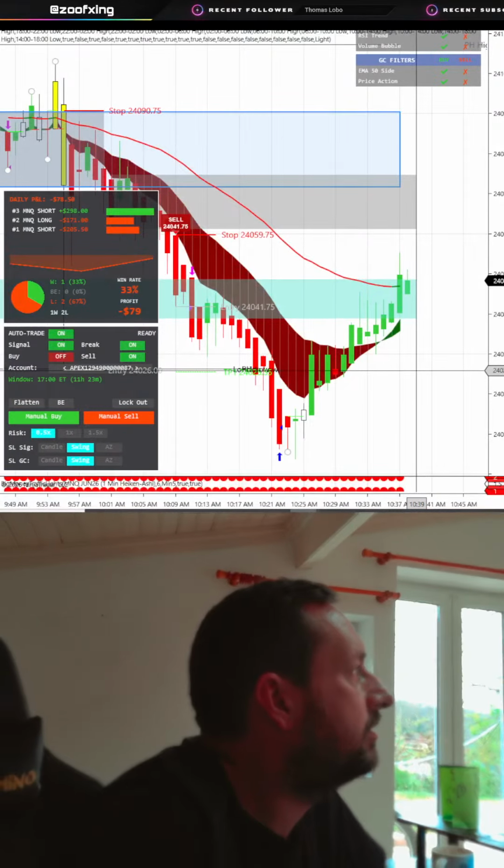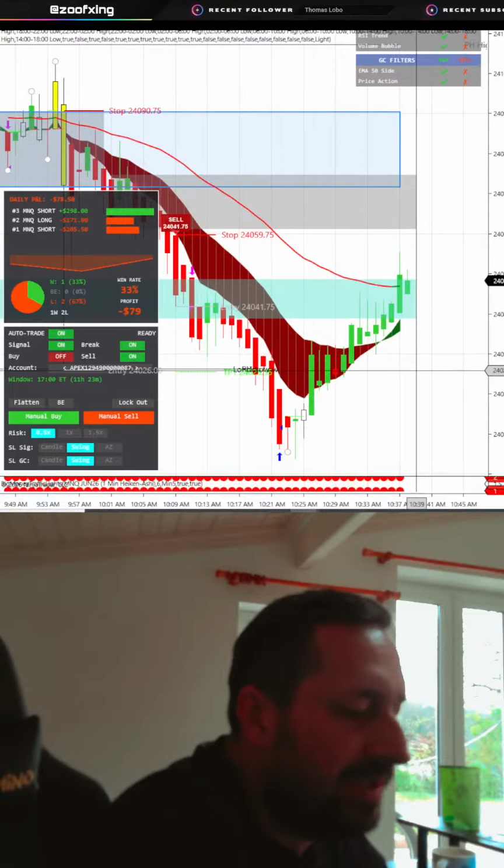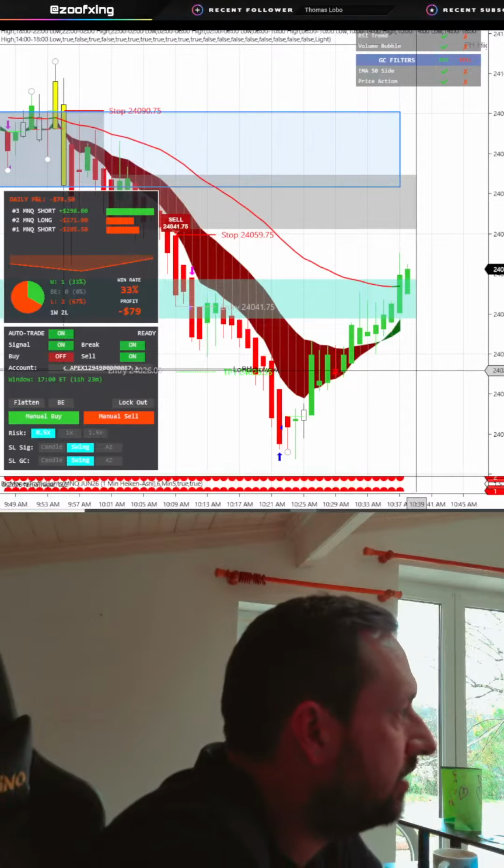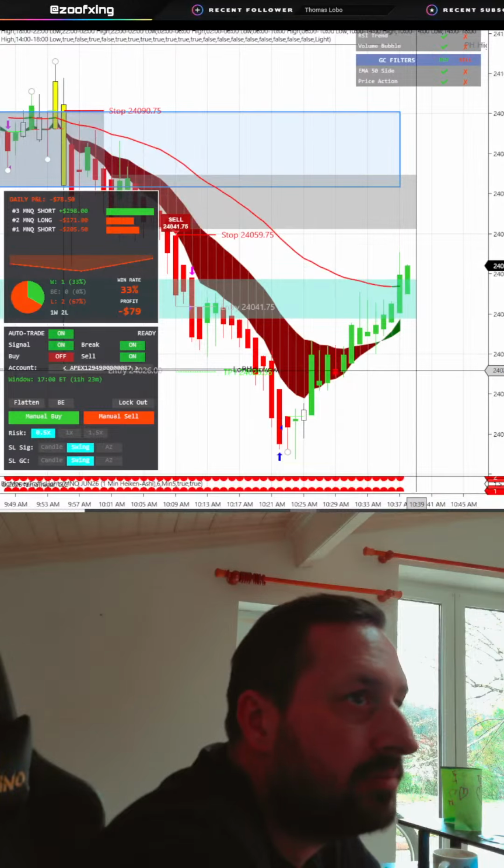So right now, the hourly candle is still bearish, so you're not going to get a long signal while we are below the hour. Right?